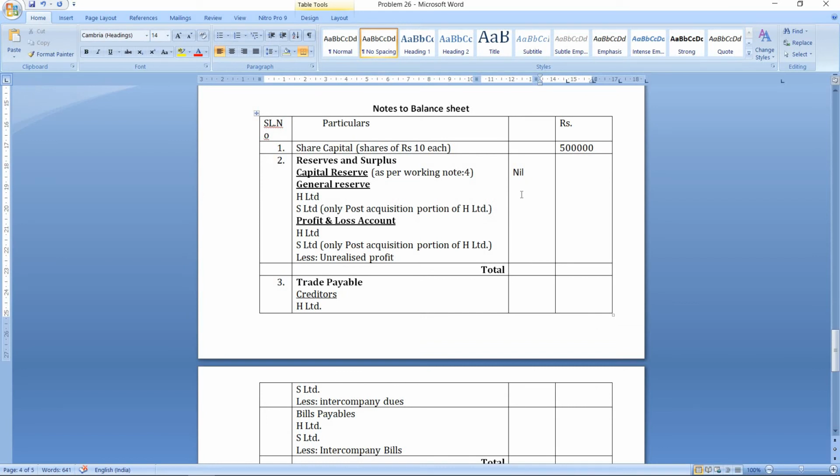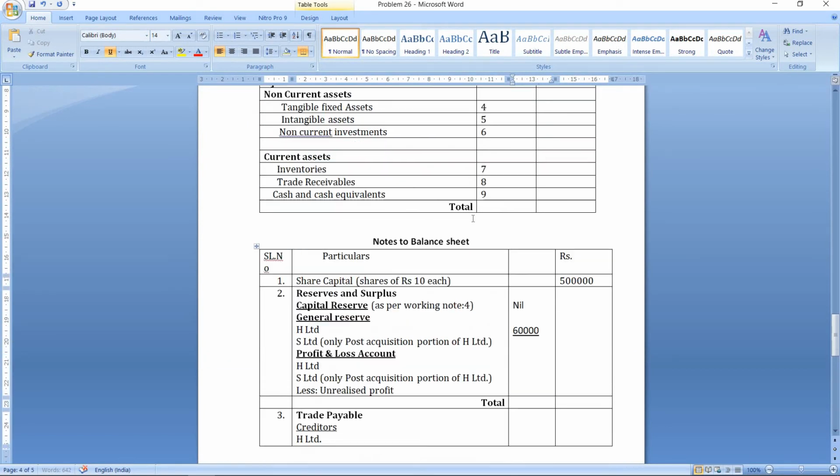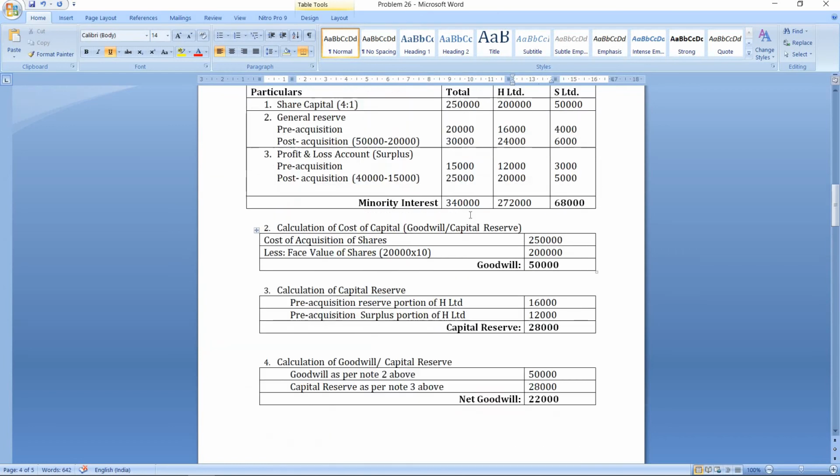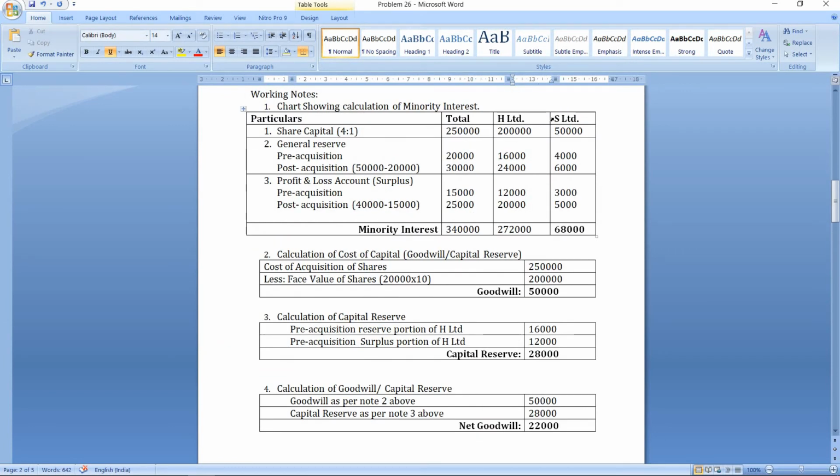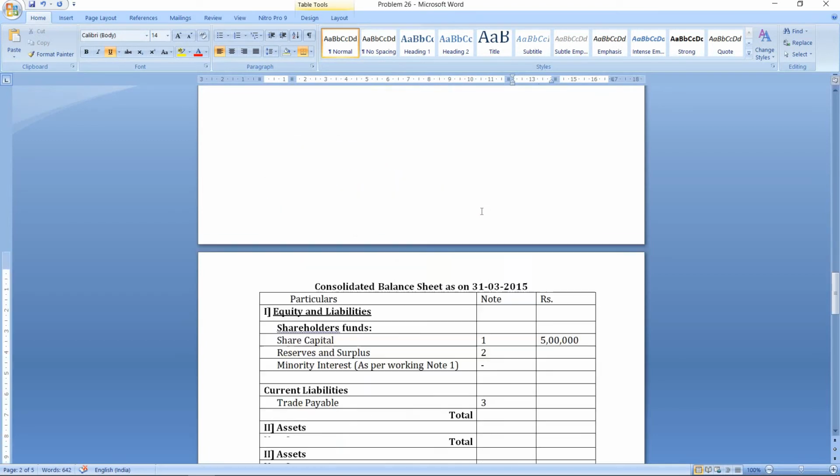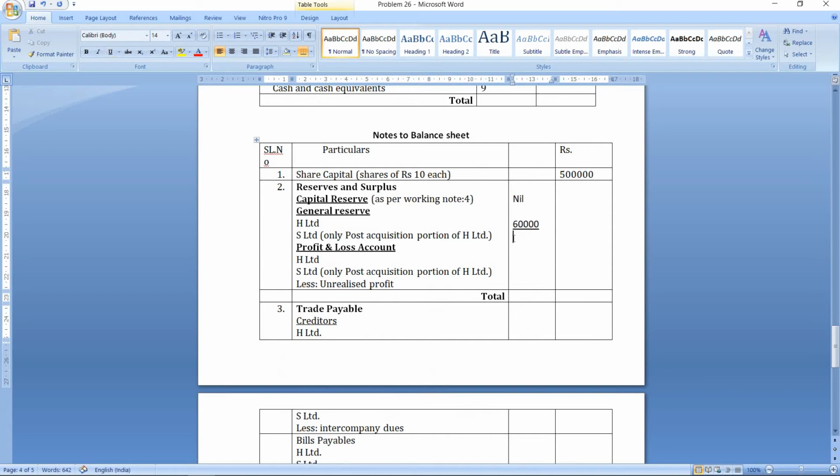General reserve of H Limited 60,000. Okay, then S Limited, we have to take only the post acquisition portion of H Limited. So from our minority chart here, the post acquisition portion of H Limited is to be taken, that is 24,000. So we will take it here, 24,000. Okay, so together this will be shown in the balance sheet, which is 84,000.